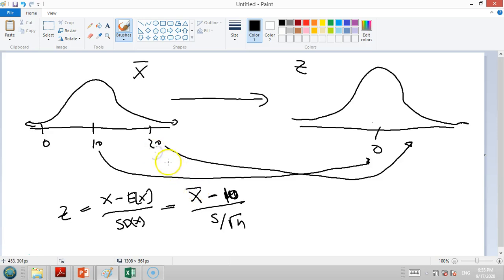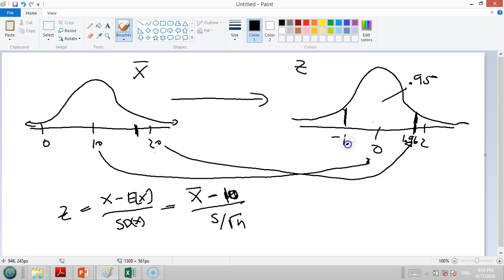So I have the formula, I plug in the formula, and I convert. Let's suppose I plug in 20 here. I know s, I know square root of n. It spits out a z. Z is like 2. Okay? If z is 2, guess what? I have some cutoff points here. This is like 1.96, this cutoff point, if what's inside is 0.95. If you remember from previous, this is 1.96 for 95% confidence.